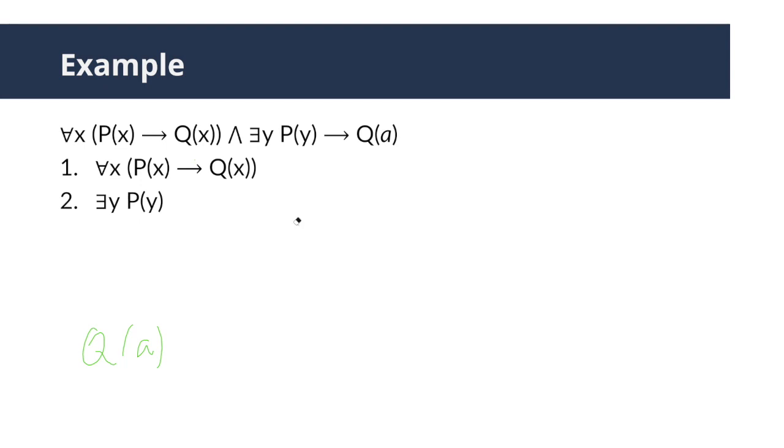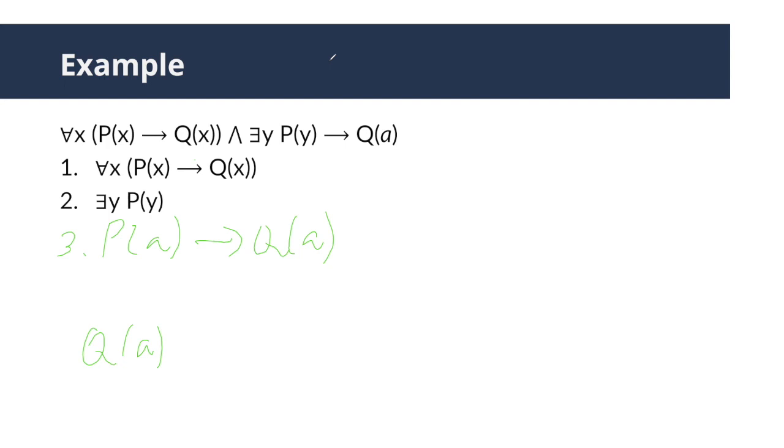Well, looking at these 2 premises again, you may see the first premise has Q in it. So let's just use the universal instantiation rule to instantiate it. So we have step 3, PA implies QA.